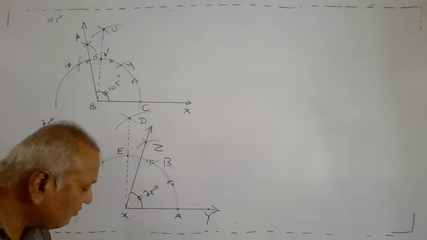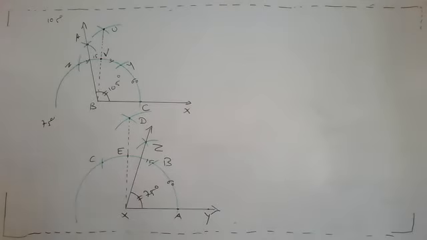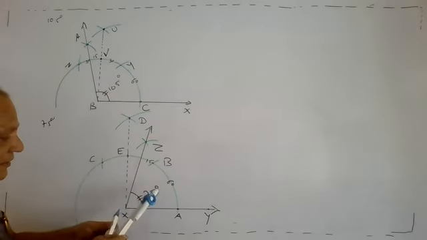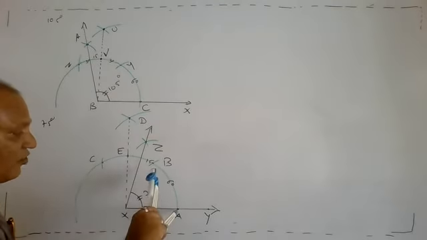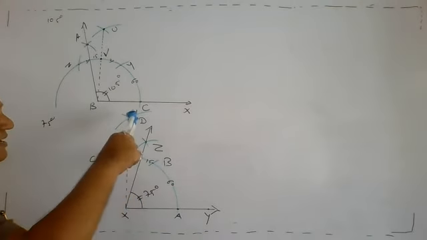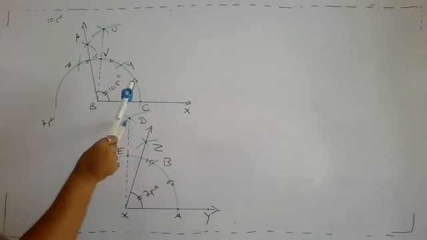So once again I will recap how this angle should be drawn. First ray XY, then this semicircle, then with the same measurement from A to B, from B to C, and from C it is cut, so D point.